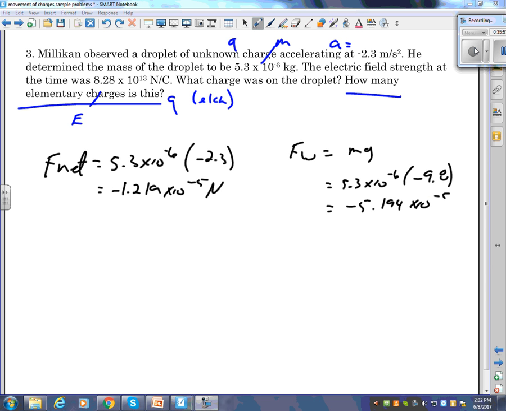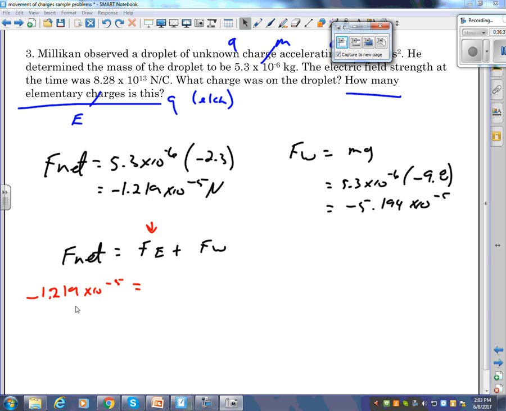So that's the weight force, right? Now, the net force is made up of... Jeff, are you playing a game there or something? Stay with me now. The net force is the sum of all the forces. I have to get the FE, that's what I gotta get, right? So I'm gonna take this and plug it in there. The net force is made up of 1.219. I'm just gonna put it in, I'm not gonna find it again.